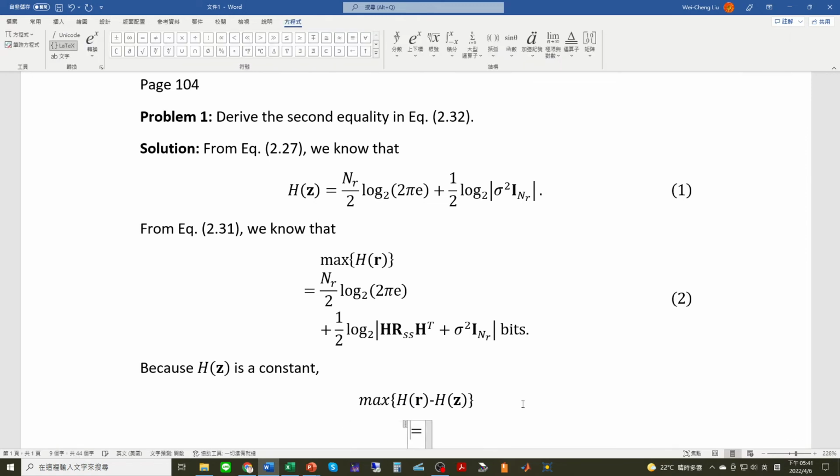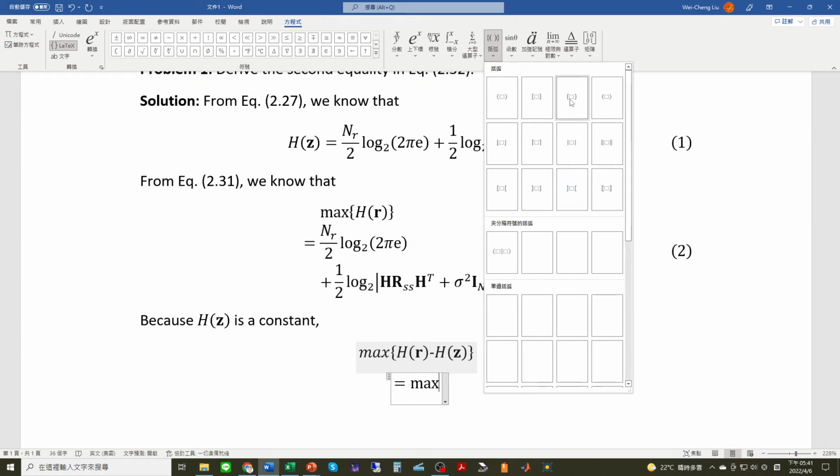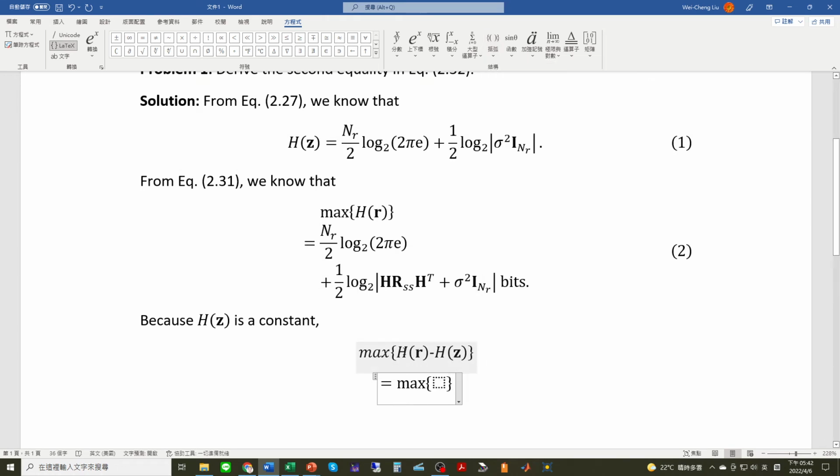Which is equal to the maxima of h of r minus h of v.